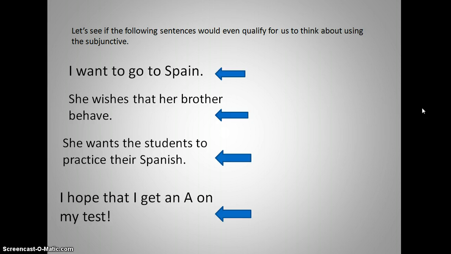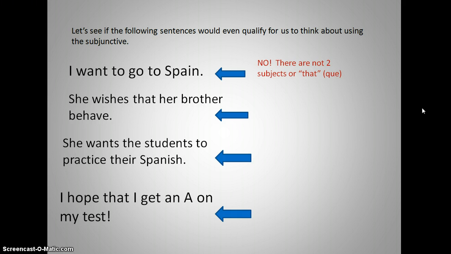Let's see if the following sentences would even qualify for us to think about using a subjunctive. I want to go to Spain. Does that have two subjects? No, it does not. It also does not have a conjunction word que. The second one, she wishes that her brother behave. Well, we have two subjects and we have the conjunction word that.